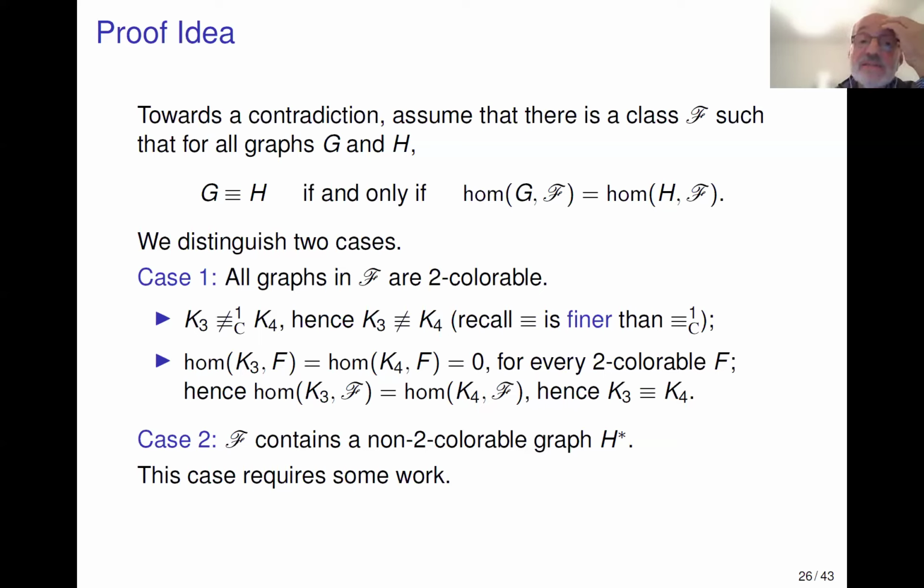The interesting case is when the class F contains at least one non-two colorable graph H star. So now we have a class that presumably captures this equivalence relation in terms of the restricted right profile, and this class contains at least one non-two colorable graph. Let's fix this graph H star.